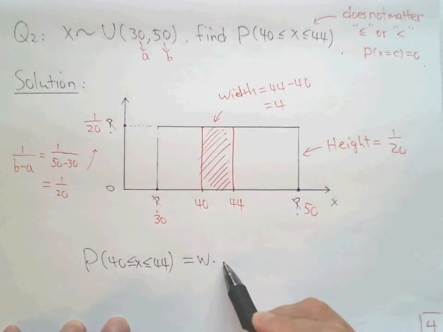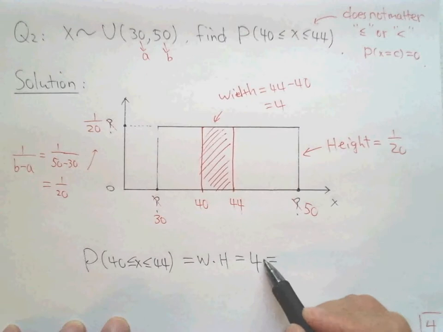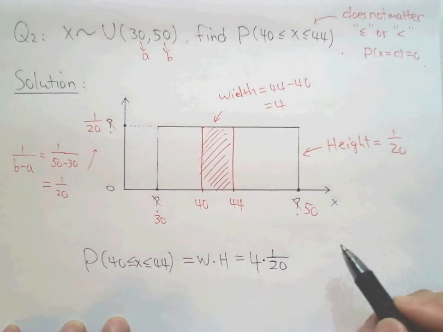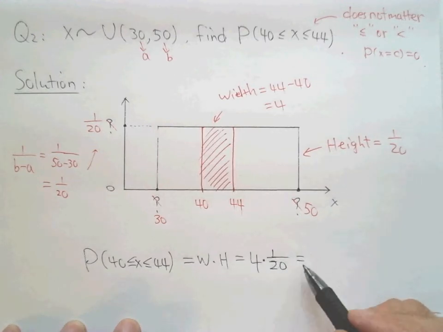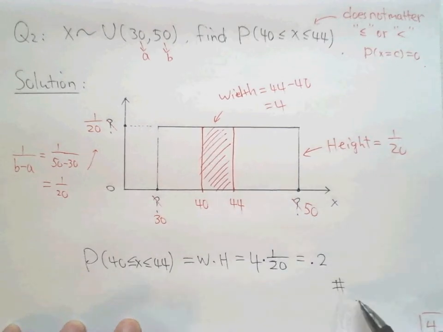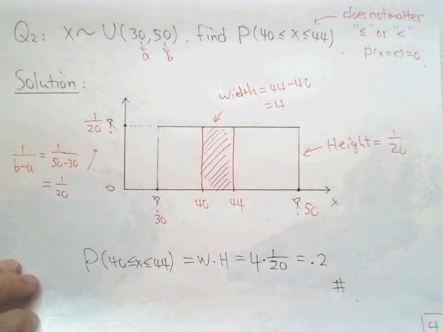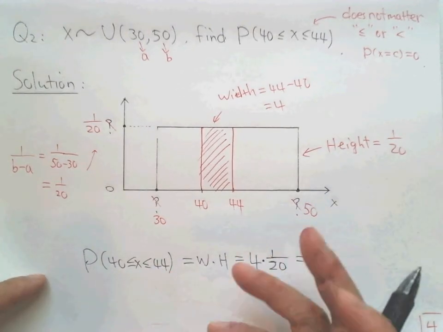It's not a difficult formula, just the area of the rectangle, which is the width times the height. We found the width is 4, times the height, 1 out of 20, right? Then you do the calculation, it is 0.2, right? So 0.2 means 20%, and it is the chance. So there is a 20% chance, and that is the probability.